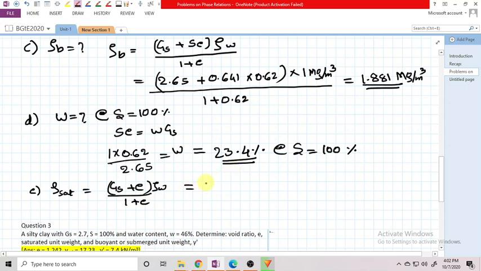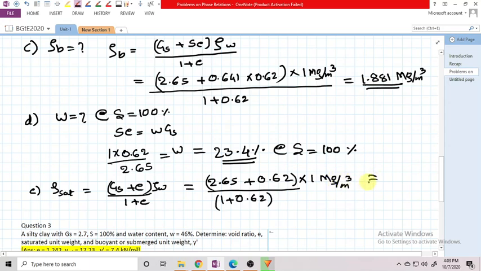Gs is 2.65, plus e equal to 0.62, divided by 0.62 plus 1, times density of water, again 1 megagram per meter cube.